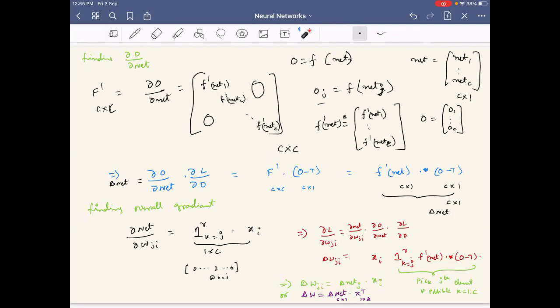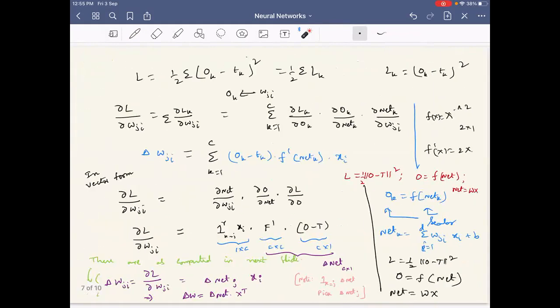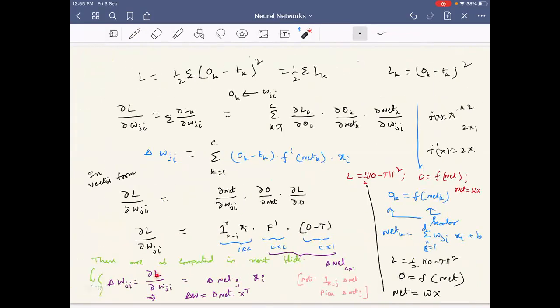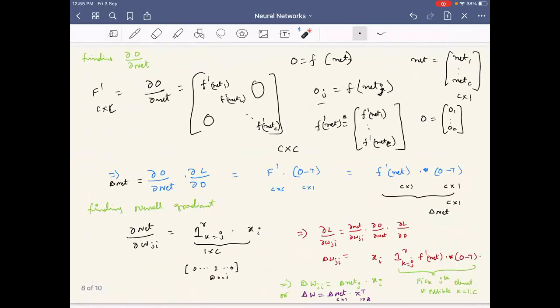Bringing all this together, ∂L/∂Wj equals delta net j into xi. When we see this for the whole matrix, this becomes a C cross D matrix, because this is a D cross 1 vector and this is a C cross 1 vector.